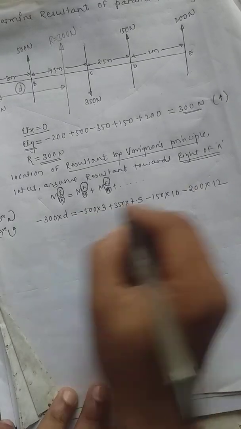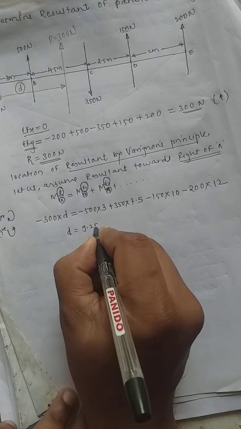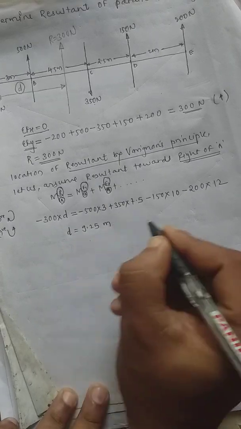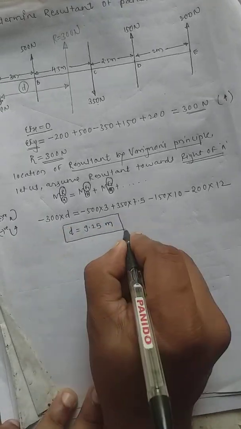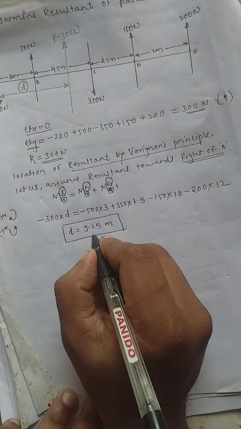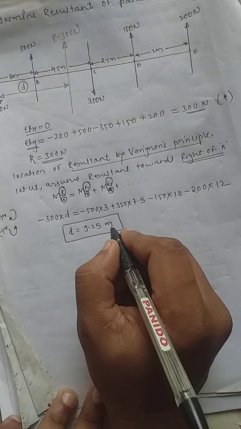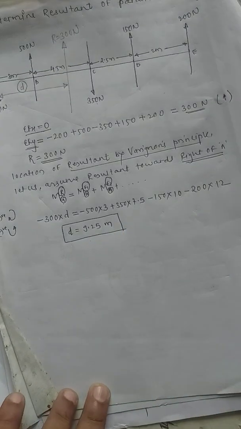So if you solve this, we will find d is equal to 9.25 meter. It is positive, means our assumed direction is right. The resultant is towards the right of A at a distance of 9.25 meter.